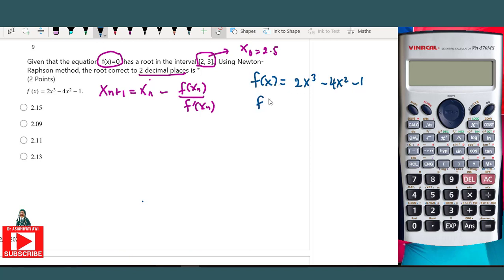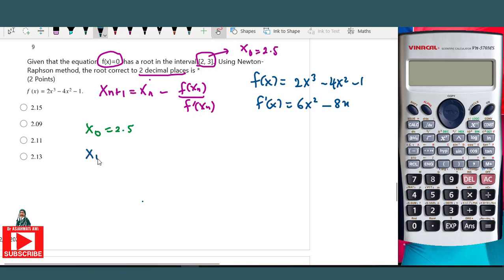Differentiate f(x), the answer is 6x squared minus 8x. Starting with x0 equal to 2.5, then we're going to find x1.